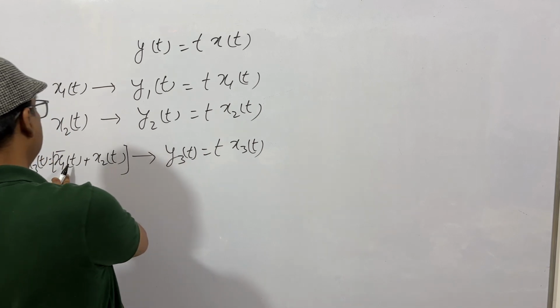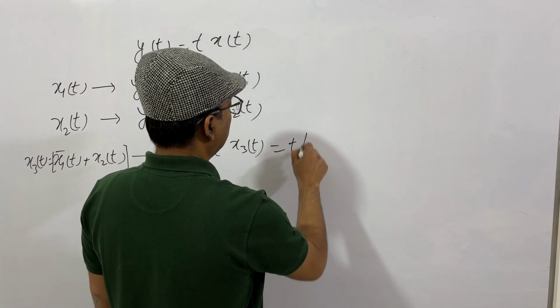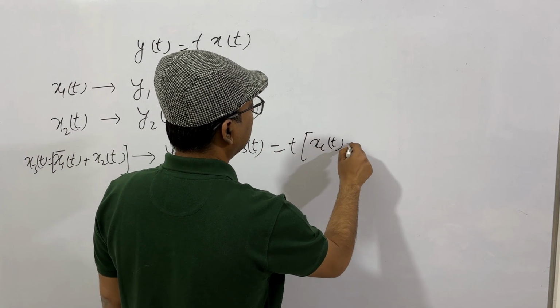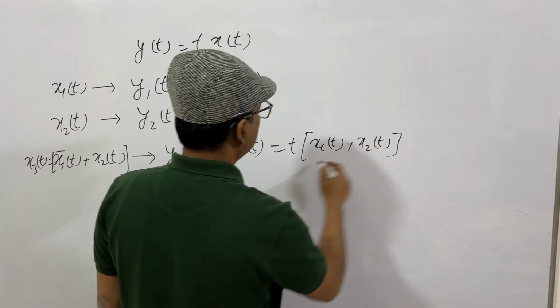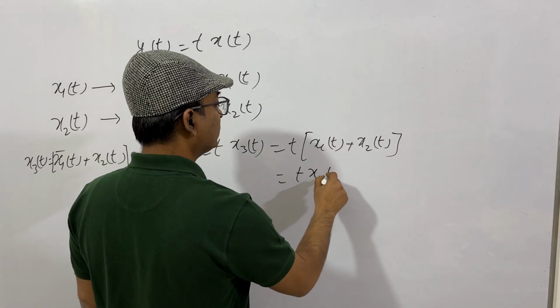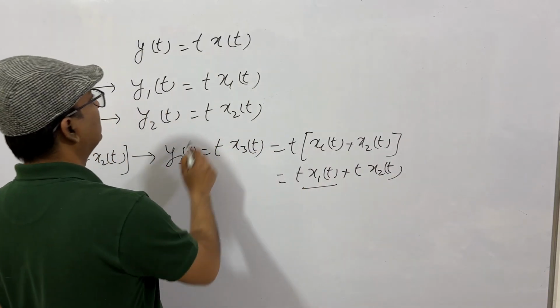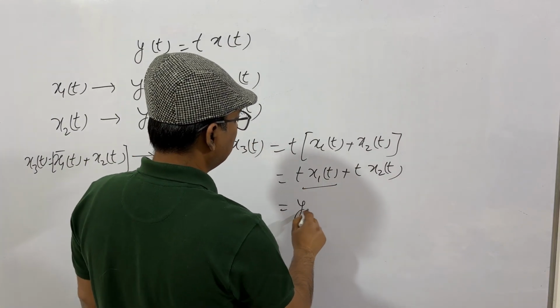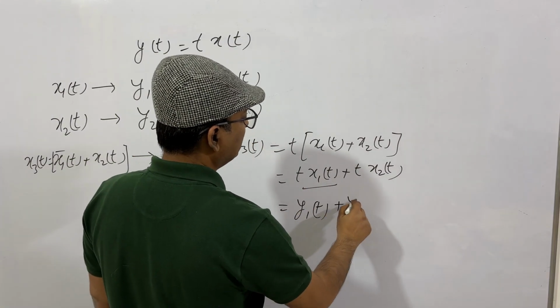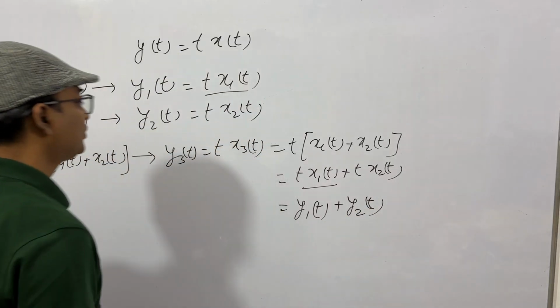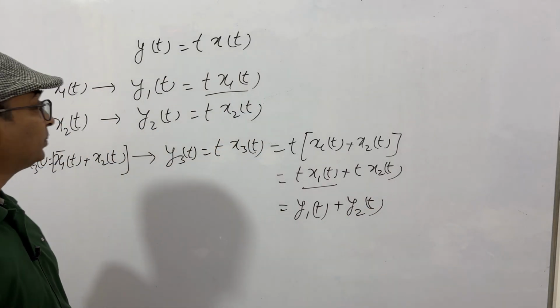But x3(t) is x1(t)+x2(t), so if you expand it, this is t·x1(t)+t·x2(t). This is y1(t) and this is y2(t). So this satisfies the additive property.